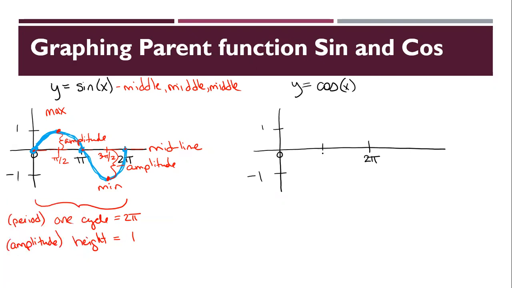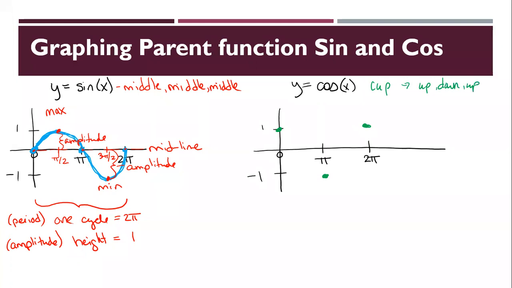Okay, so again, we have 3 important points: starting, middle, and end. And on the cosine, if you'll remember, we were up, then down, then up again. So I call cosine looks like a cup. Cup. Up, down, up.